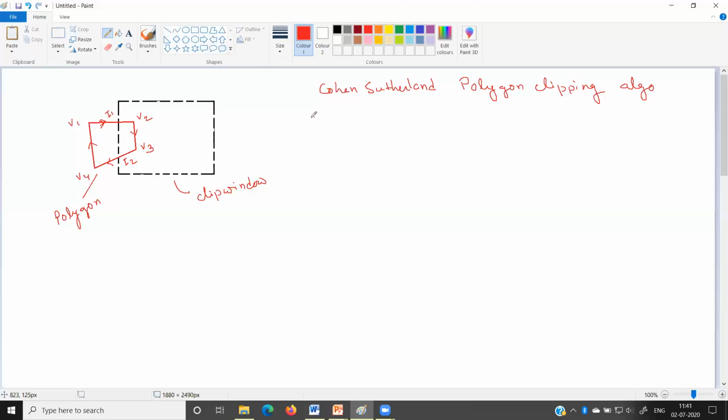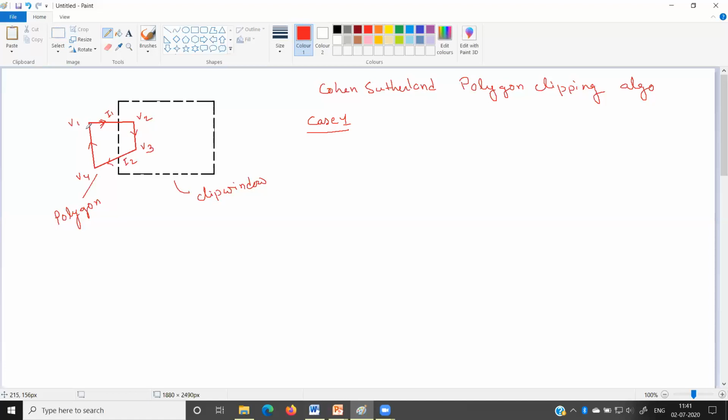Case 1, 4 conditions are there. In case 1, we will observe that while we are traversing the polygon from one vertex to another vertex, we will see whether the edge constructed by these two vertices is going inside the clip window or going outside of the clip window.